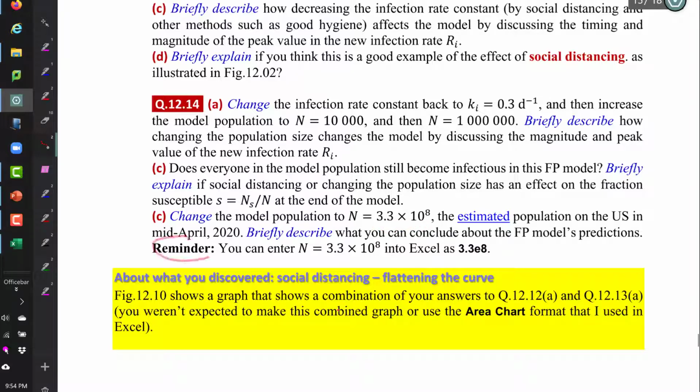So this is the reminder, because I've talked about it before. You can enter it in Excel, and this is the correct way to do it. Enter it as 3.3 E8, and Excel will recognize that as 330 million. All right.